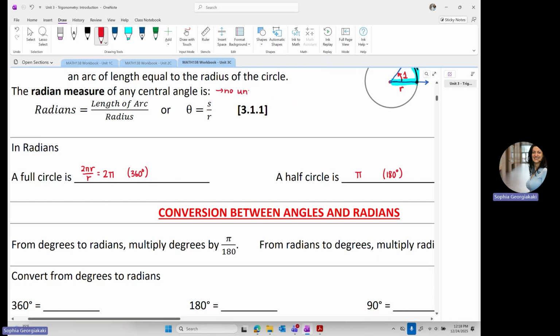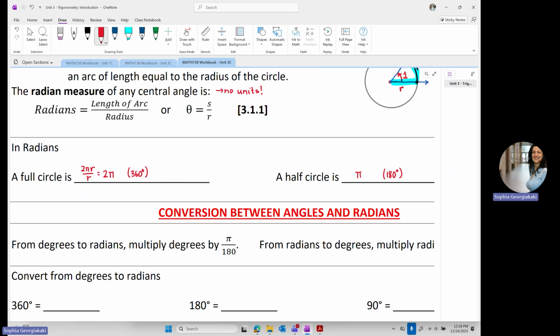And the reason it has no units is because the length of the arc and the length of the radius are measured in the same units. So when you have s divided by r and you have meters on the top and meters on the bottom, these will cancel. If you have inches and inches, they will cancel. If you have centimeters and centimeters, they will cancel. Millimeters and millimeters, they will cancel.